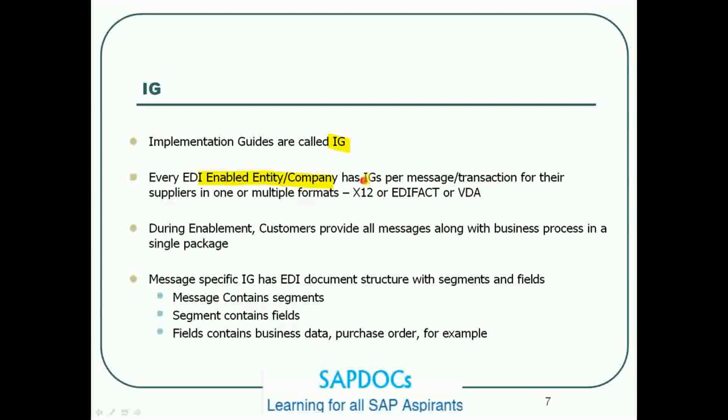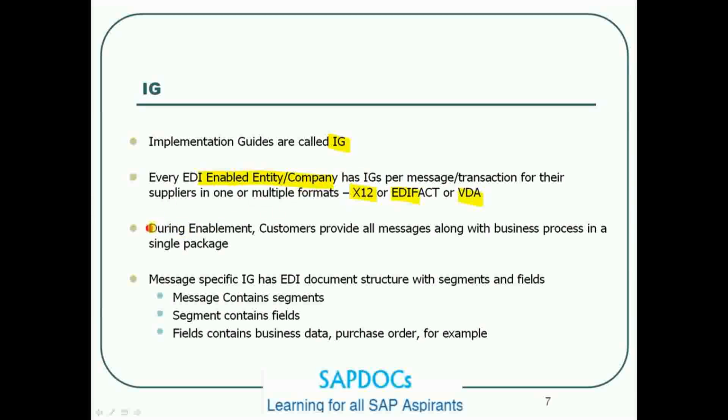One thing to note is that a customer always provides IGs, or implementation guidelines, to their suppliers. EDI is always a customer-driven process. And the customer can have formats in either X12, EDIFACT, VDA, or some other format the customer chooses.